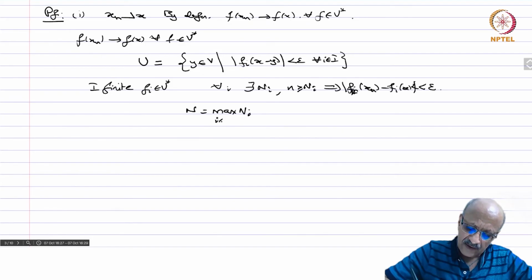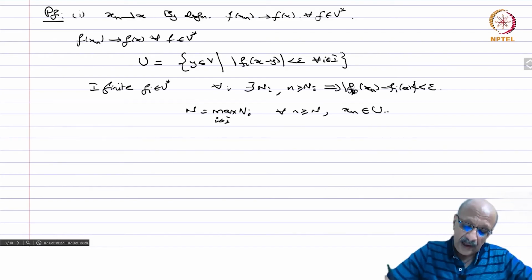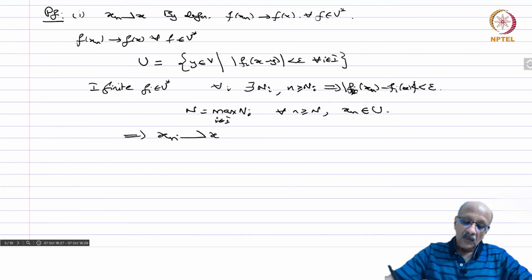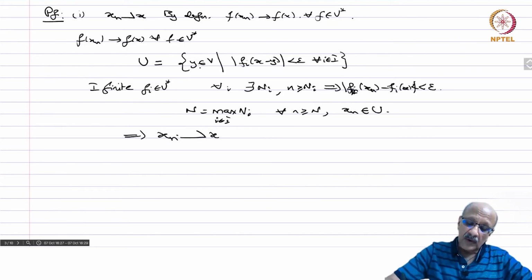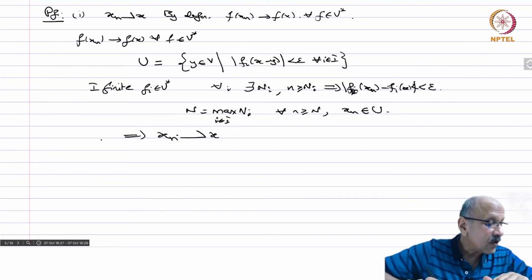I is a finite set, so you can take that, and therefore for all n greater or equal to N, you have that x_n belongs to U. So after some time the sequence belongs to any neighborhood, and therefore x_n converges to x. Given any weak neighborhood of x, after N you have x_n belongs to U, and that is precisely the definition of convergence.